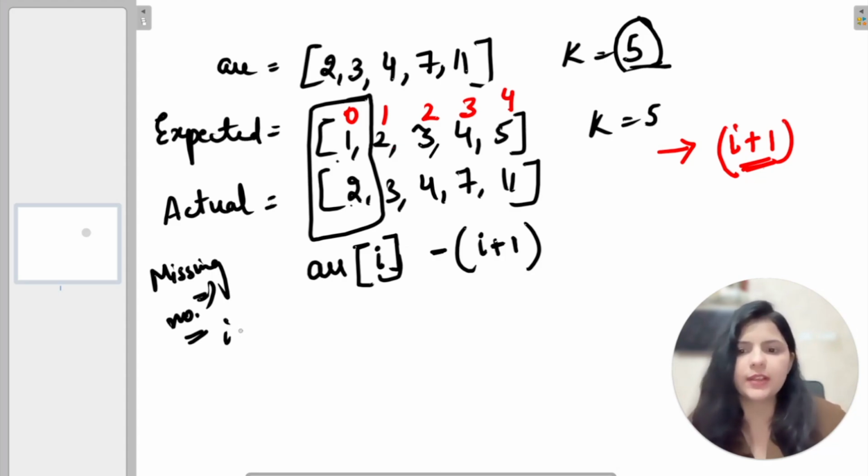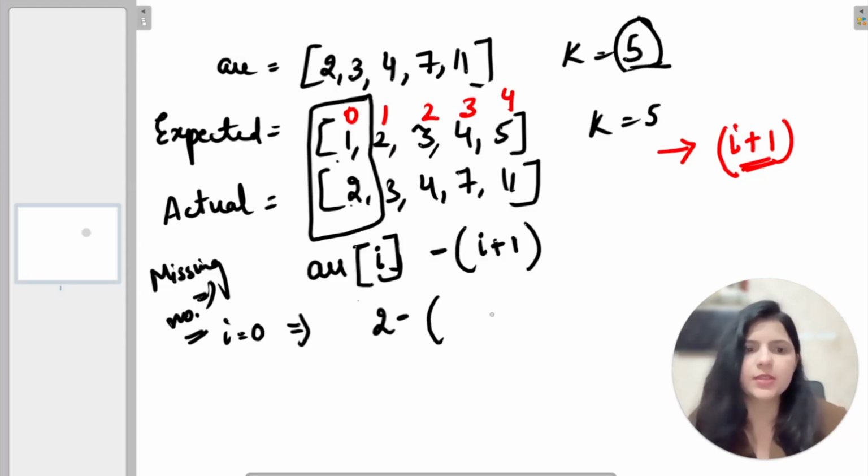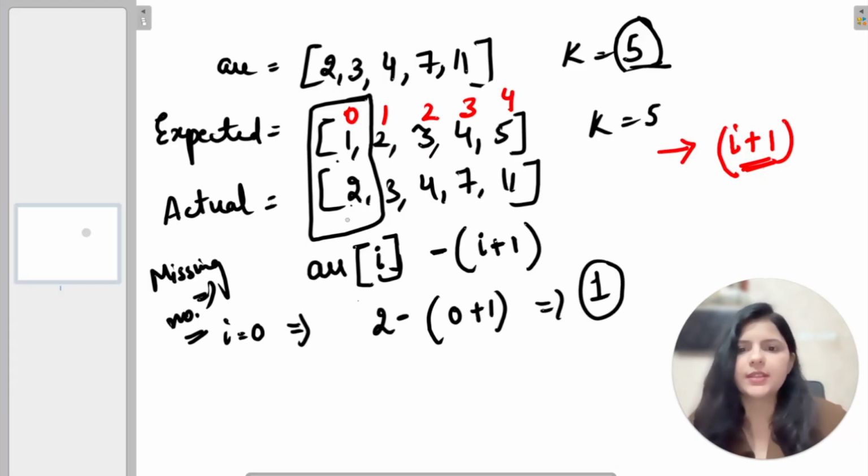So if you see here, for index I0, what is your number? Actual number is 2. But you were expecting I plus 1. I plus 1 is 0 plus 1, 1. Right? So for index 0, 1 is missing. 1 means 1 number is missing. Right? So 1 is missing.